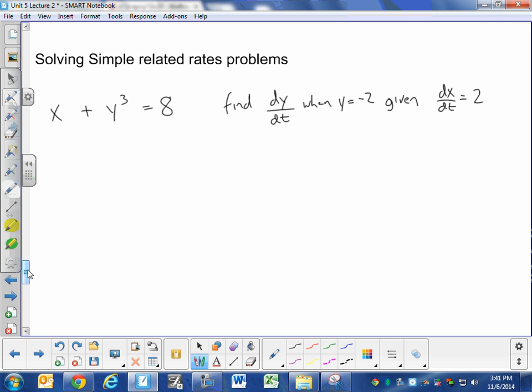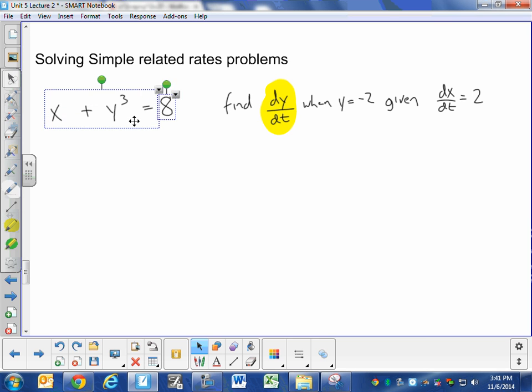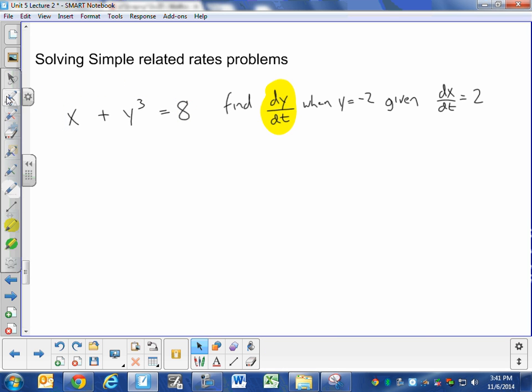Good. The key is we're asked to find dy dt, so that's what my goal is. But I'm given information about y and dx dt, and I'm given a formula for the relationship between my x's and my y's. Well, the only way I can solve for dy dt is if I have an equation with a dy dt.